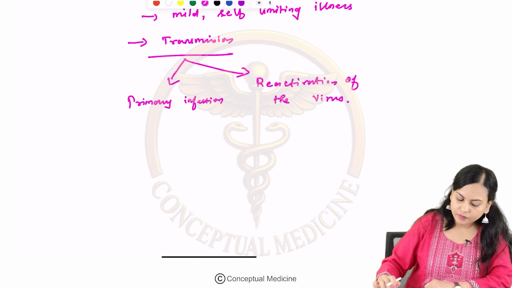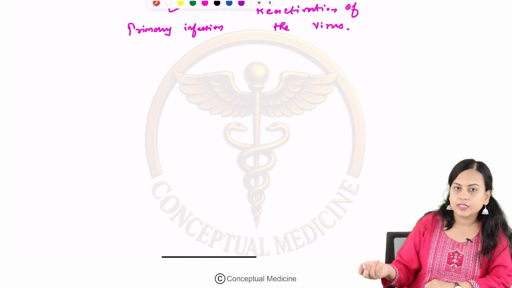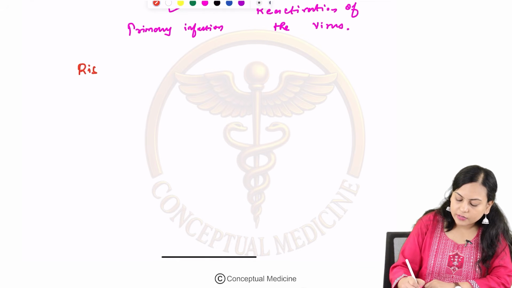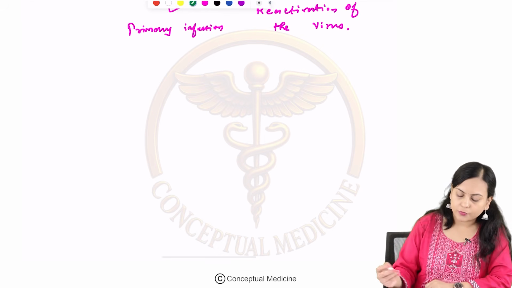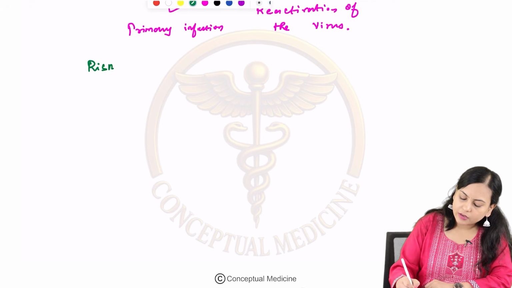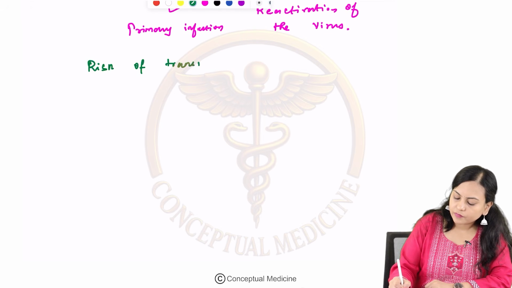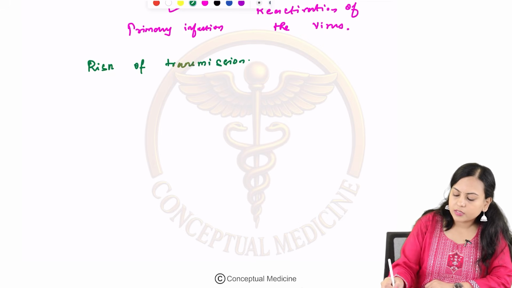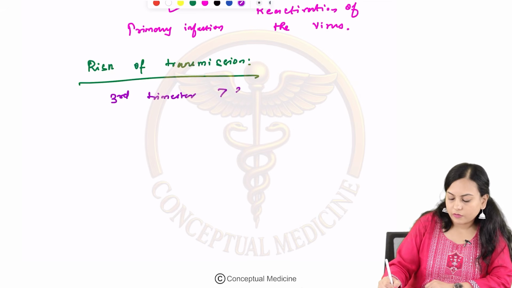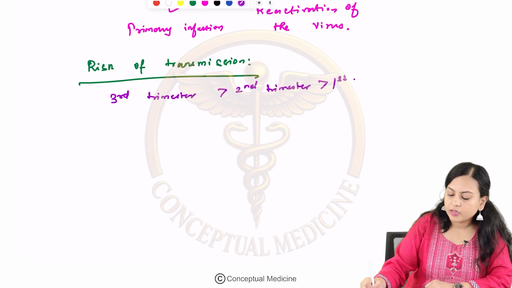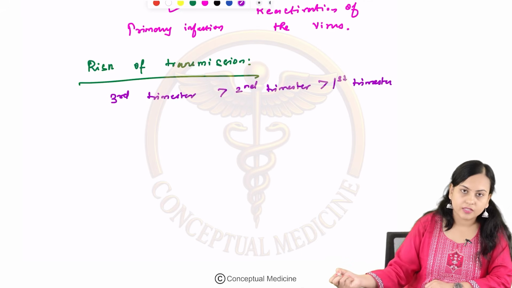Now, we'll see when the risk of transmission is more. If you take risk of transmission, this is more during your third trimester, followed by your second trimester, followed by your first trimester.